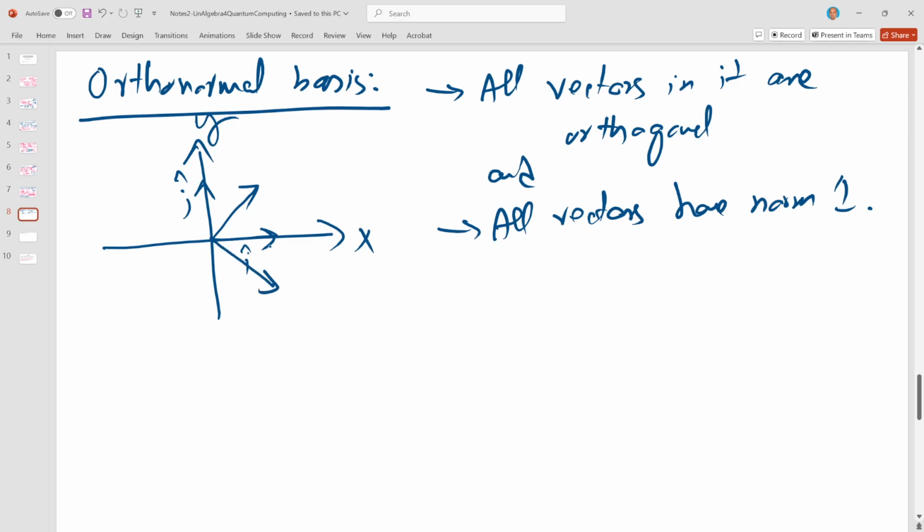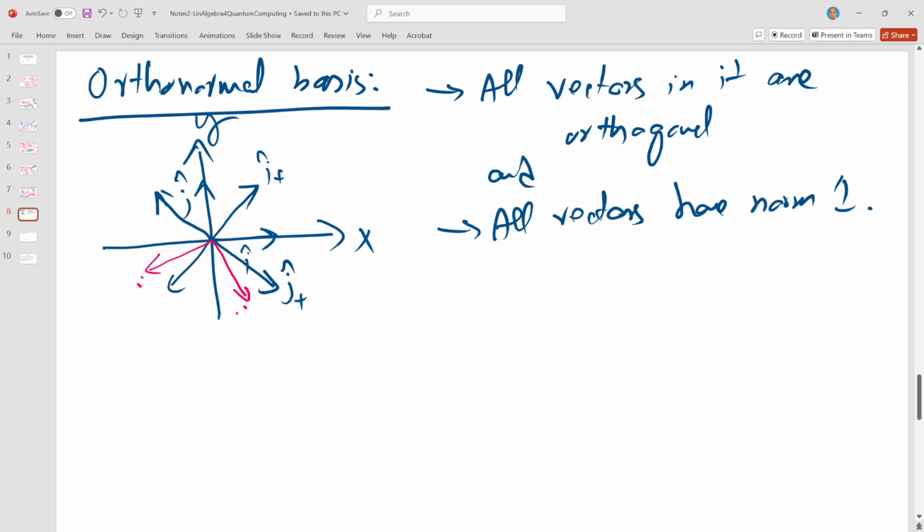Let me call them i plus and maybe this j plus. Or we can also have this basis, so this base vector and this vector. Or I can have this basis and this, so these two vectors can form a basis. So a basis is not unique to a vector space. A vector space can have many bases.